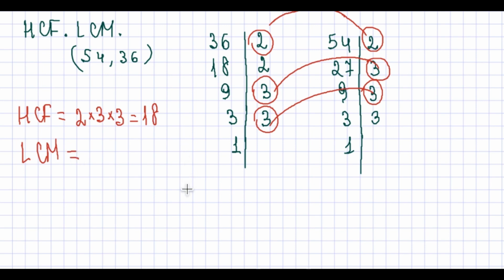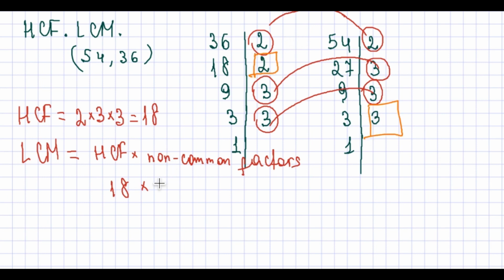For LCM, we have a way that we can multiply HCF by non-common factors. Like 18, we can multiply by what factors are non-common here? They are 2 and 3. So 18 I will multiply by 2 and by 3, and the answer is 108.